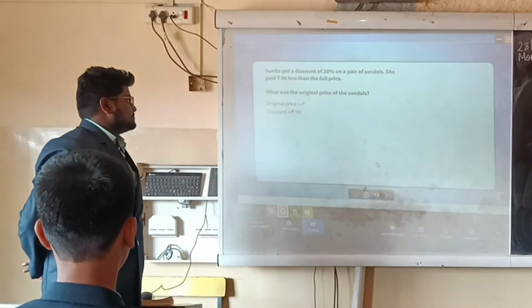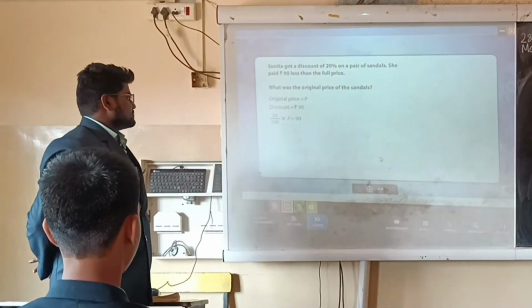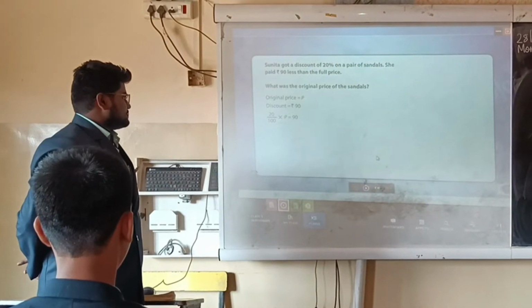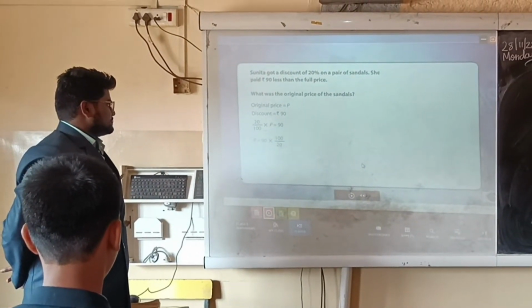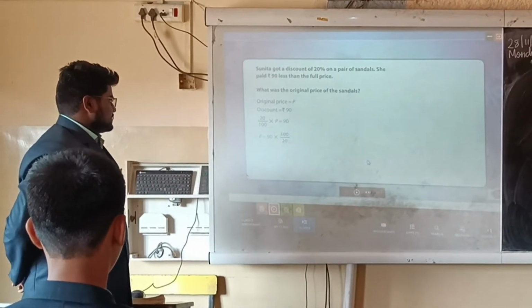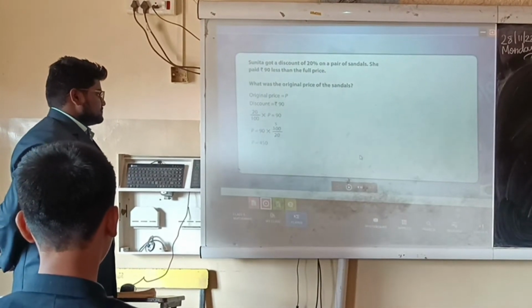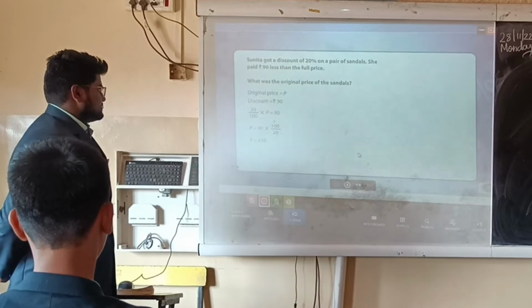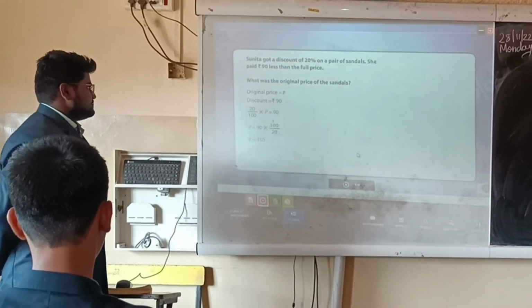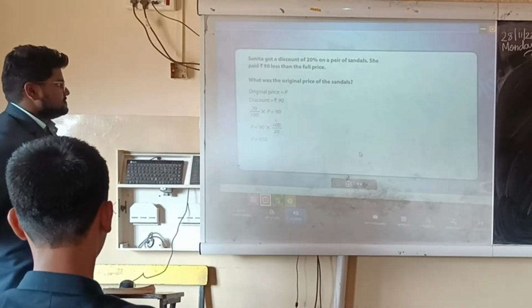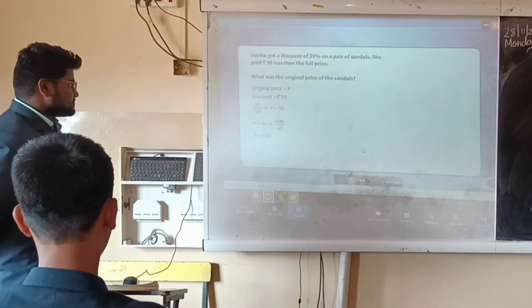First, we write 20 upon 100 into P is equal to 90. On simplifying, we get 450. So, the original price of the sandals was 450 rupees.